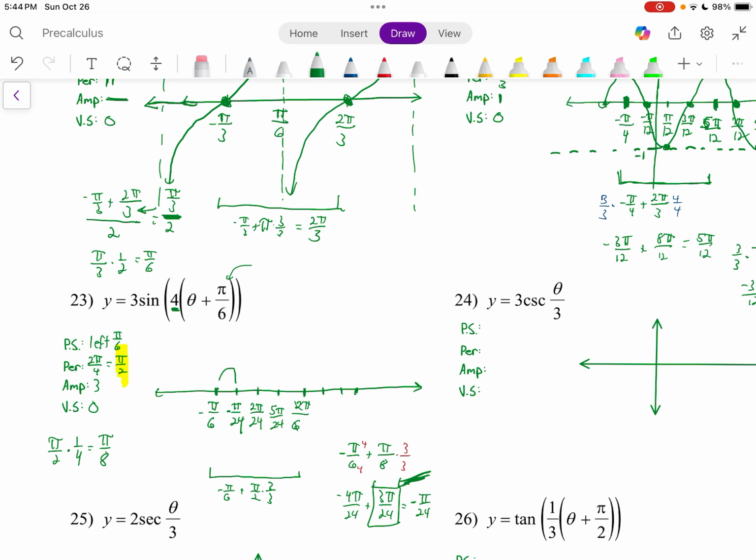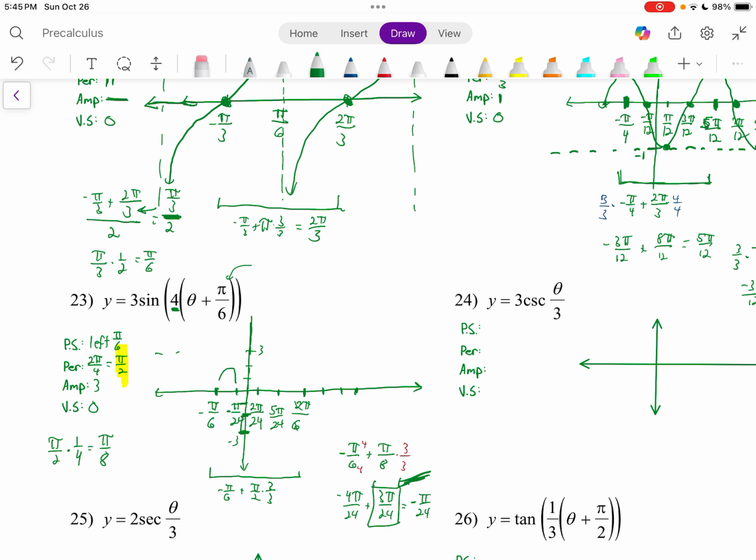We can see our y-axis would be somewhere about right here. That wasn't very good. That probably should be a tad to the left. Our amplitude is 3. So 1, 2, 3, -1, -2, -3.